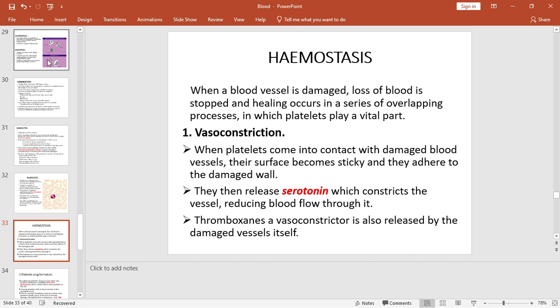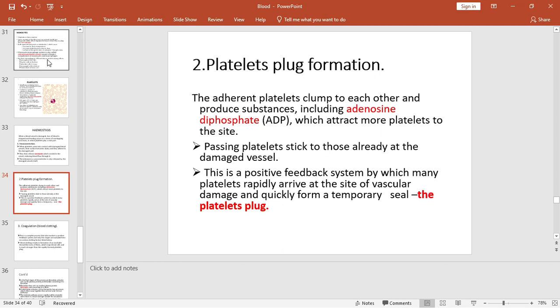Once activated, these platelets are going to become sticky and bind to the surface of your damaged blood vessel. Once they bind to the site of the damaged blood vessel, they are going to release serotonin. Serotonin will also help to cause vasoconstriction in addition to thromboxanes.